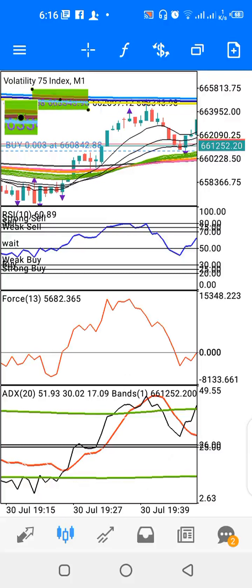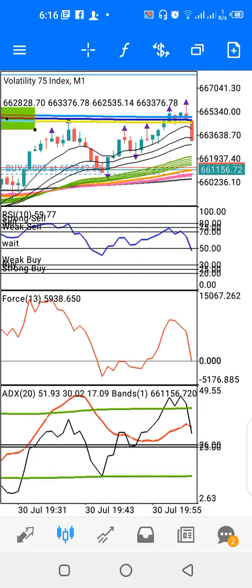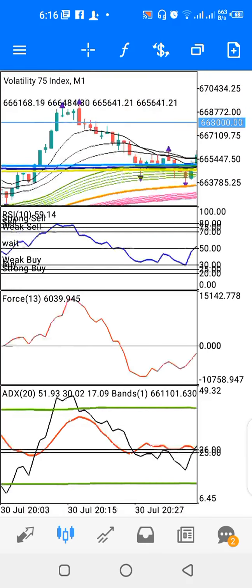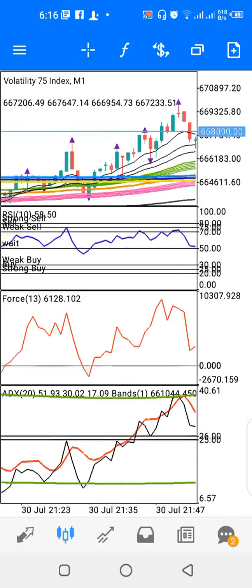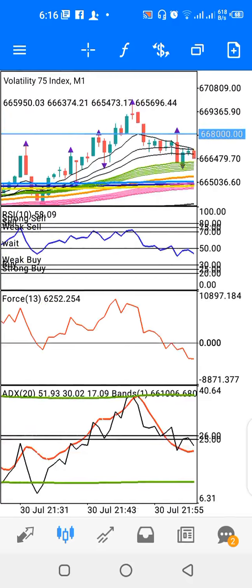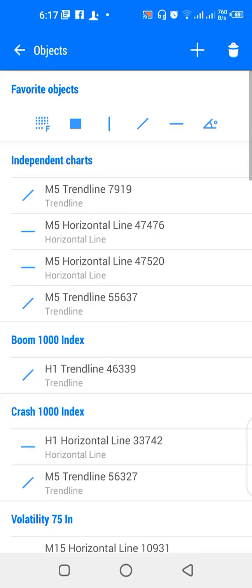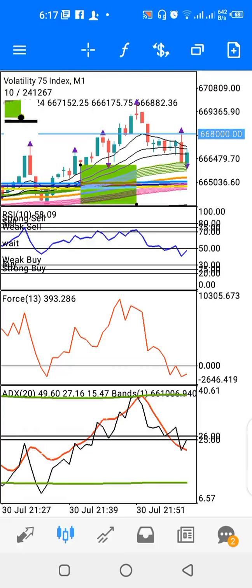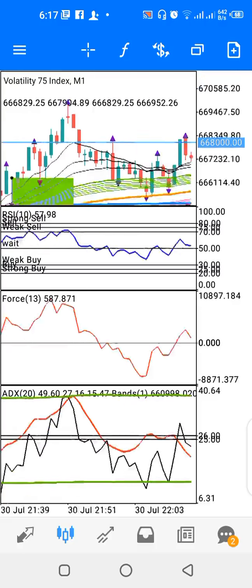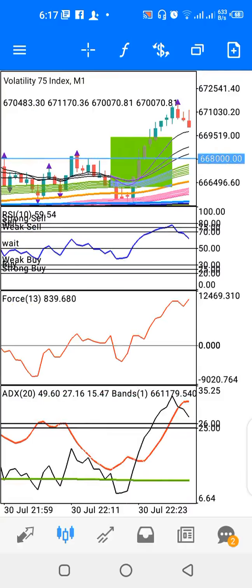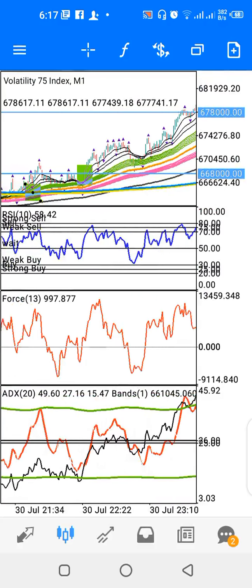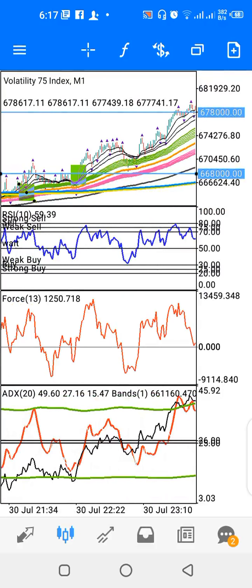This is the trend moving average. When all other moving averages cross above the trend moving average around here, you have every moving average trying to cross above the trend moving average, and at some point you have everything completely crossing.